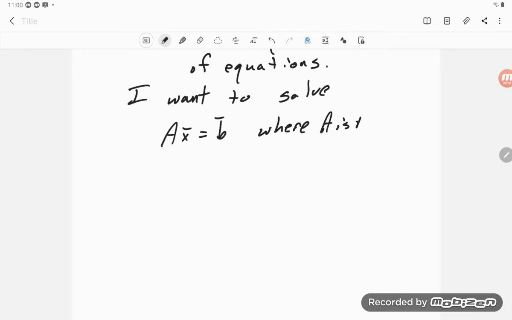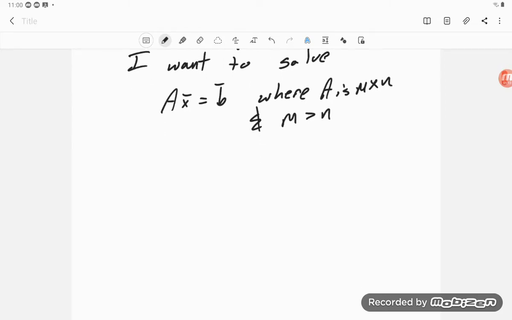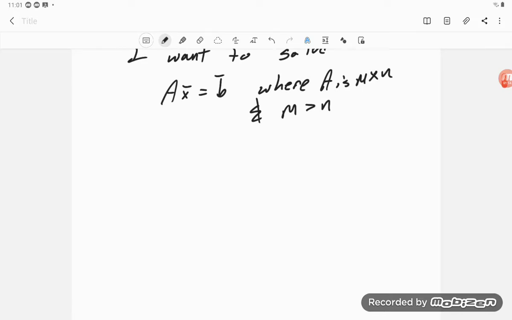A is M by N and M is greater than N. So if I want to solve that, what happens here is I have too many equations for the number of unknowns, right? So take something similar to the example they start off with.